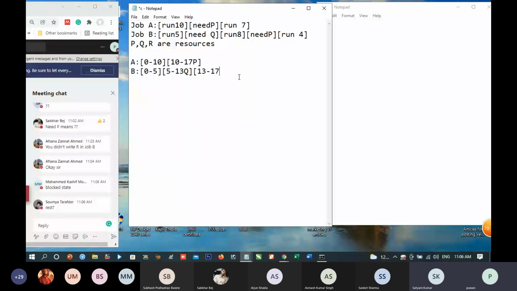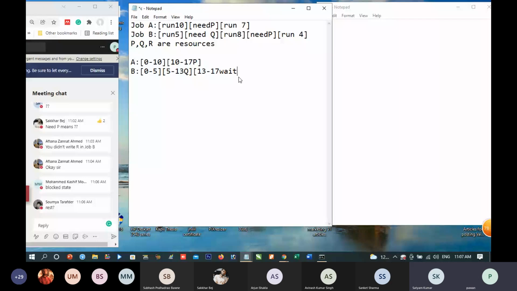That is called a blocked state. But here it is not a blocked state. The job wants to execute, but it is not getting resource P. So I am using the name wait. The theory operating system wait and the lab operating system wait are two different things. Let us not get confused with them.